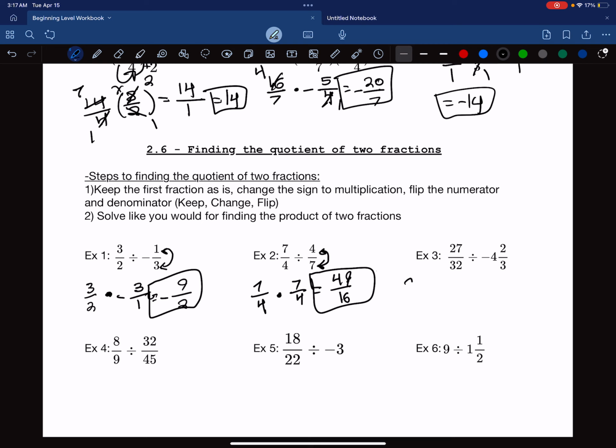We're going to keep this fraction as is, 27/32, and change the sign to multiplication. Here, we're going to change this mixed number. When we do that, we get 14/3.